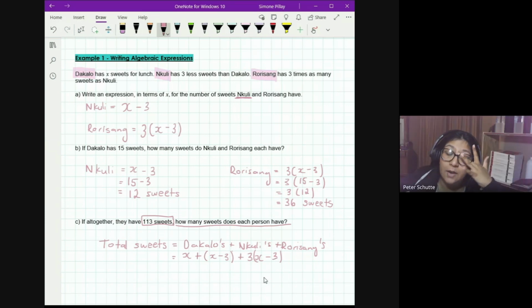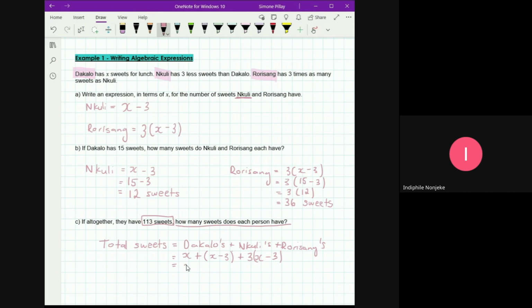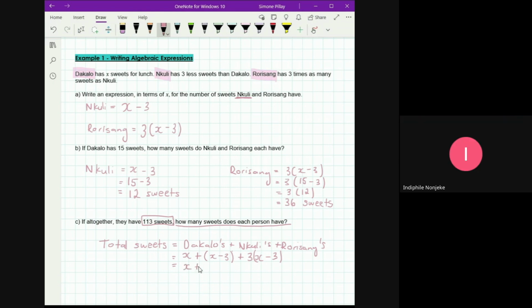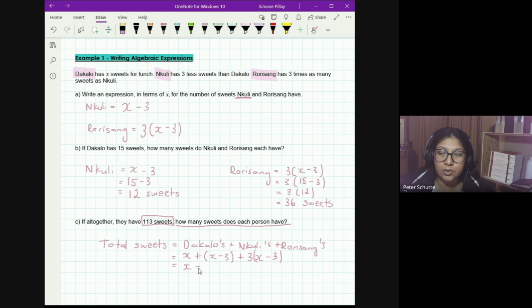Okay. Now that we have this, let's simplify our expression. Let's remove brackets, add like terms, all of that fun stuff. So how would I do that? I would say x plus. So Itandile, let me ask you a question super quickly.